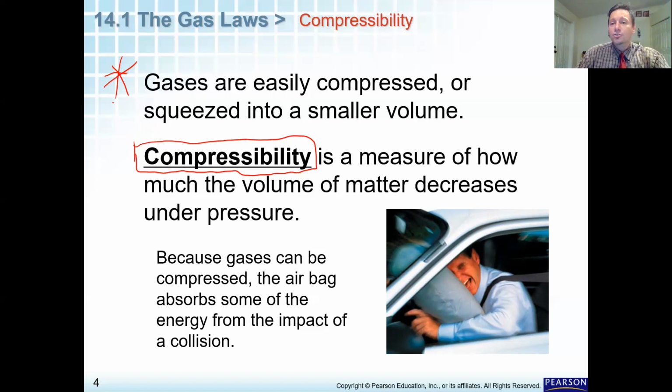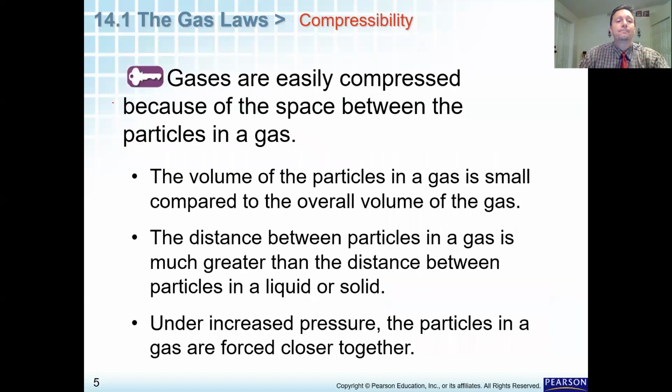There's so much space, so gas particles can be compressed. So, key concept: gases are easily compressed because the volume of the particles in a gas is small compared to the overall volume of the gas. Remember, small hard spheres with insignificant volume.